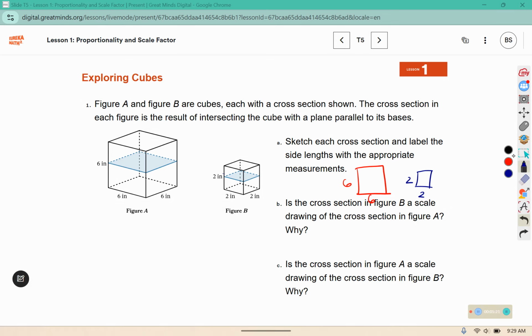Well, yes, because 2 divided by 6 is going to work for both of those sets of side lengths, or all four, because this is a 2 and a 2 and a 6 and a 6, and that's a scale factor of 1/3.